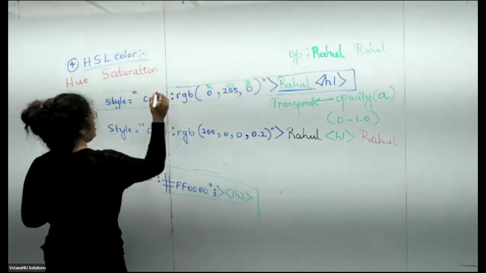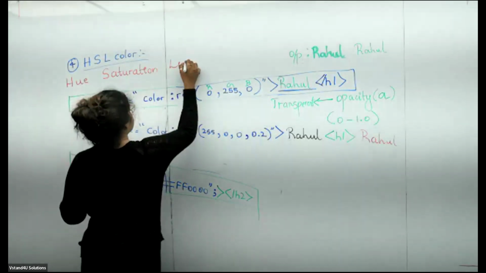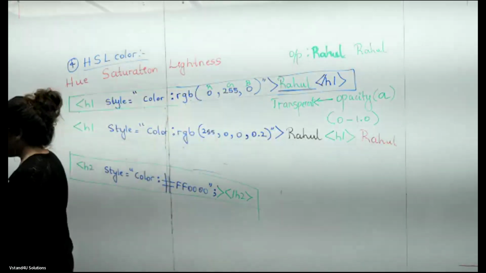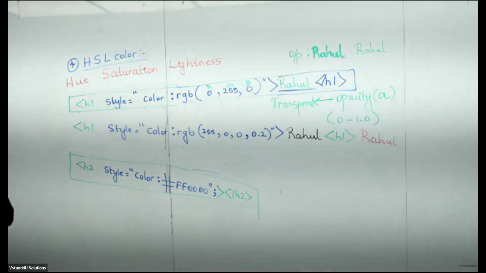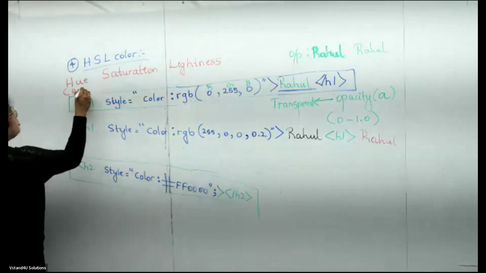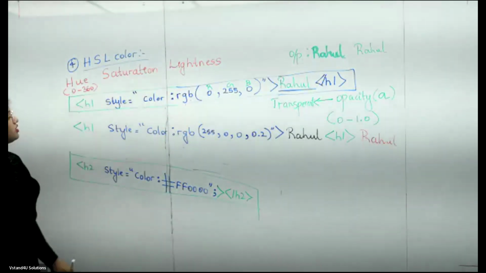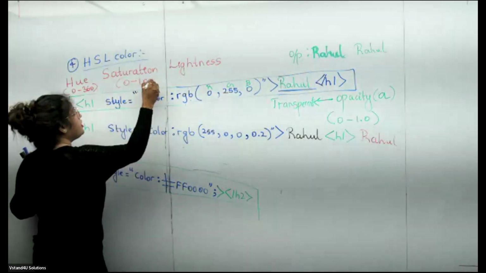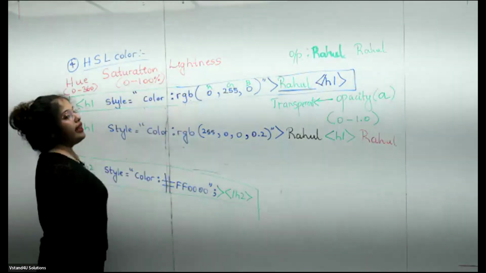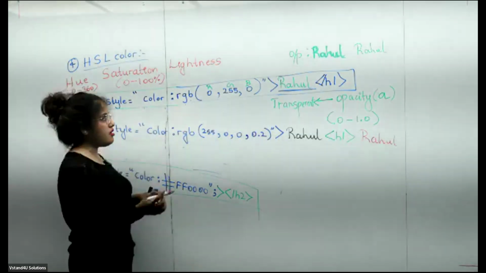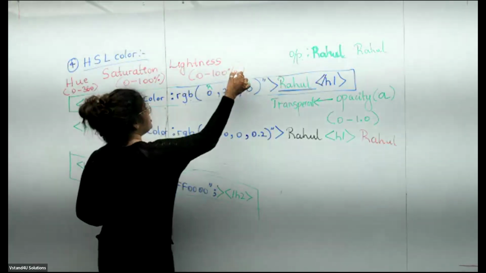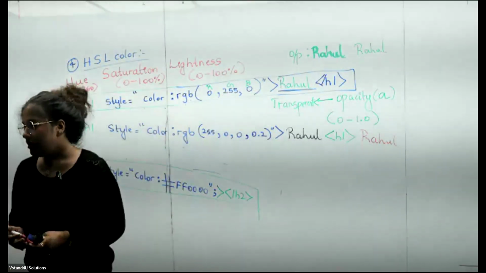L is nothing but lightness. Your hue value ranges from 0 to 360. Your saturation value ranges from 0 to 100%. And also your lightness value ranges from what? 0 to 100%. Clear? Clear, guys?